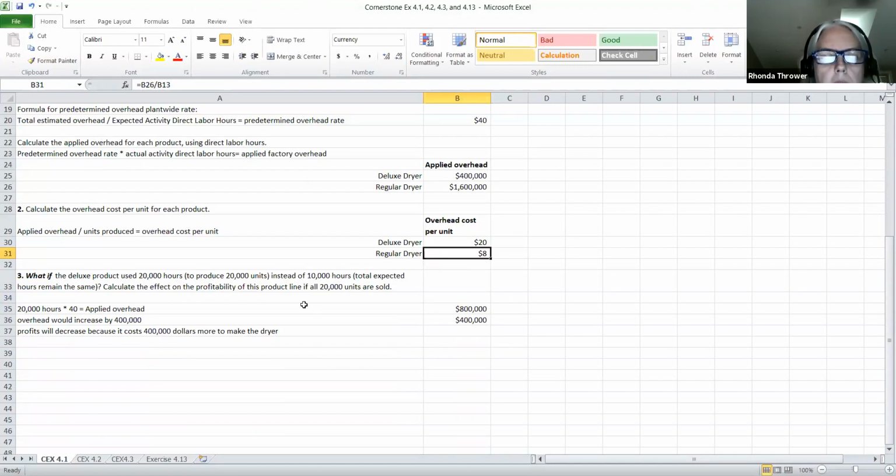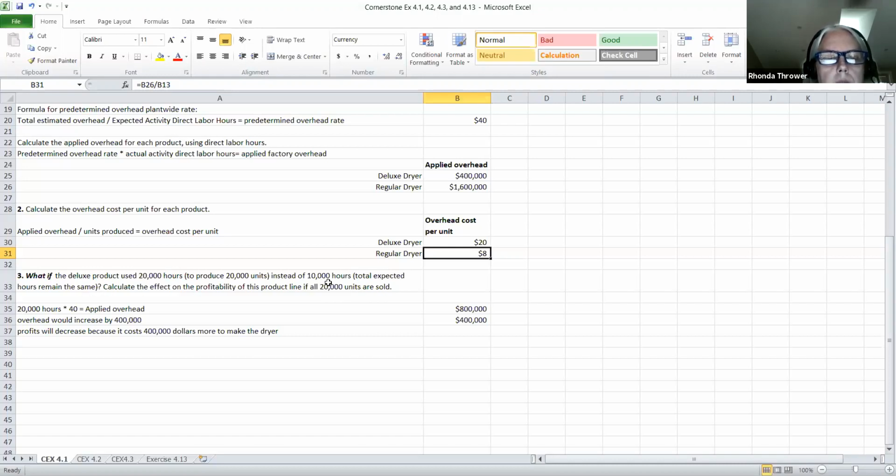Now, as always, they give you a what-if analysis. In this case, they're saying, what if the deluxe product used 20,000 hours to produce 20,000 units instead of 10,000 hours, but the total expected hours remain the same?